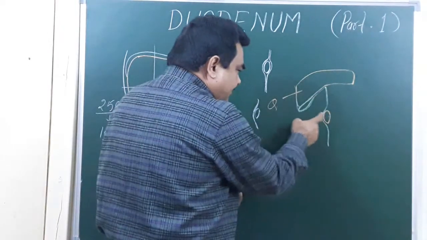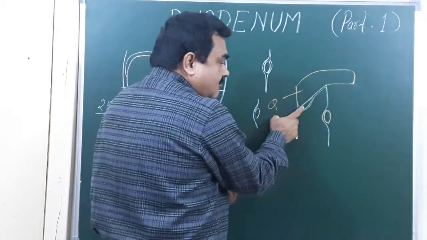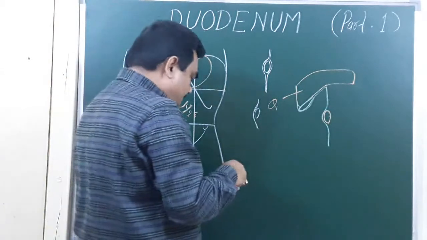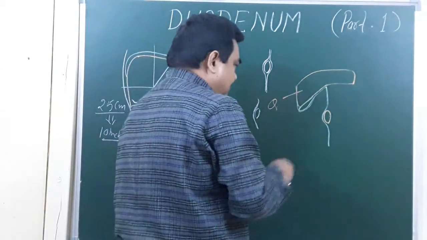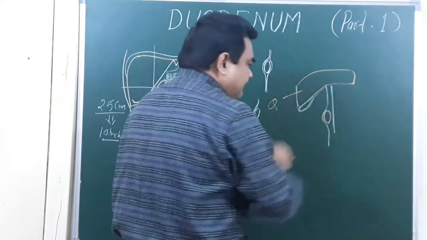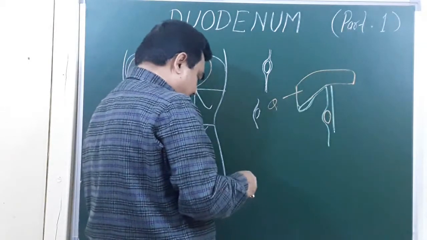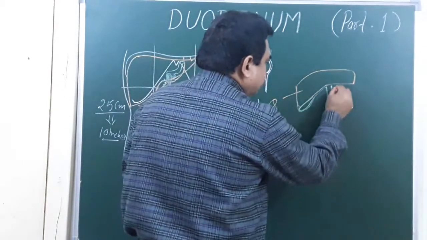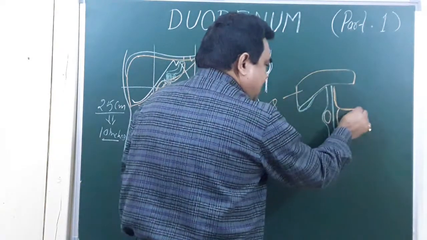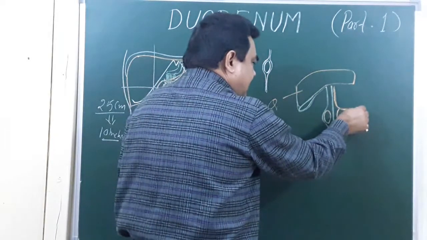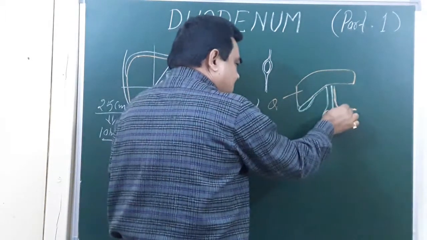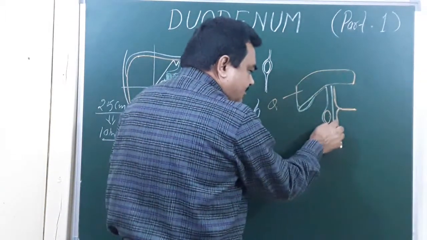This first part of the duodenum, anteriorly it is related with the fundus of the gallbladder and the quadrate lobe of the liver, and posteriorly it is related with the bile duct and this structure, the celiac trunk, which gives the common hepatic branch. This is hepatic proper, and this is gastroduodenal. So posteriorly it is related to the gastroduodenal artery.